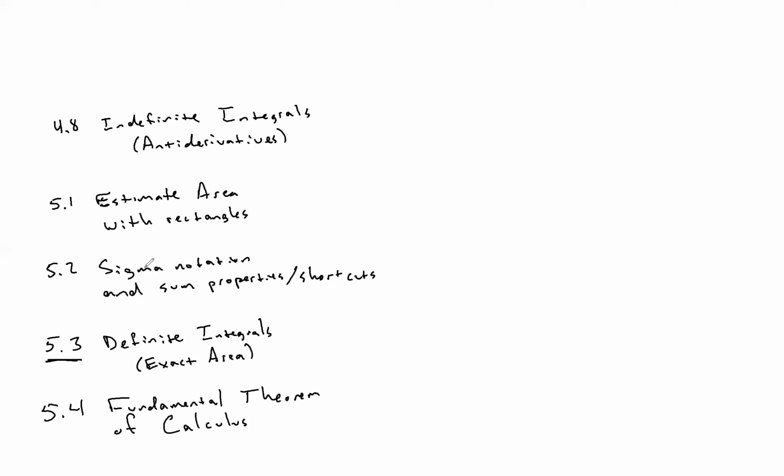And again, in 5.2 we made a connection to exact area as well. So this will bring these concepts together a little more, but I'll introduce some notation that we haven't seen for something called a definite integral. And just the fact that I'm calling these integrals will start to connect things back to 4.8.